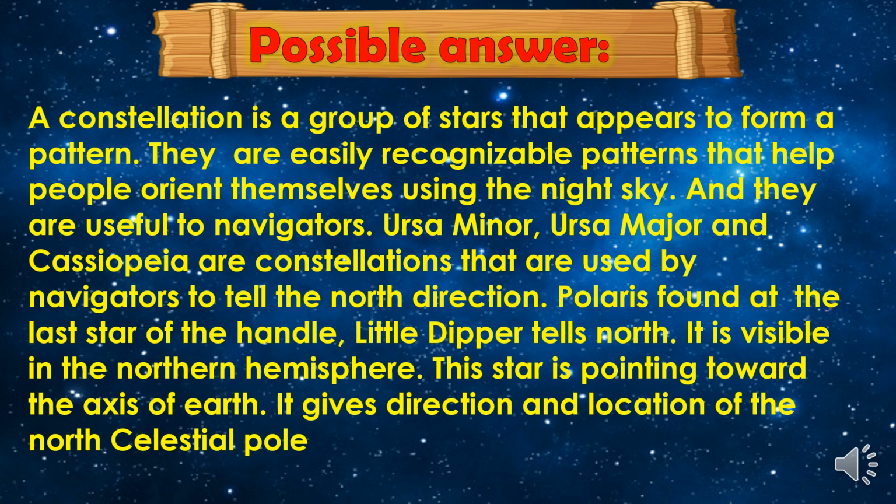Polaris, found at the last star of the handle of the Little Dipper, tells the north. It is visible in the northern hemisphere. This star is pointing towards the axis of Earth. It gives direction and location of the north celestial pole.